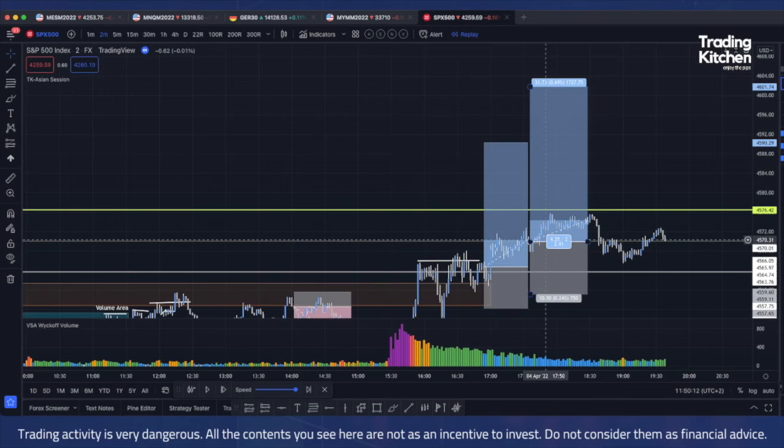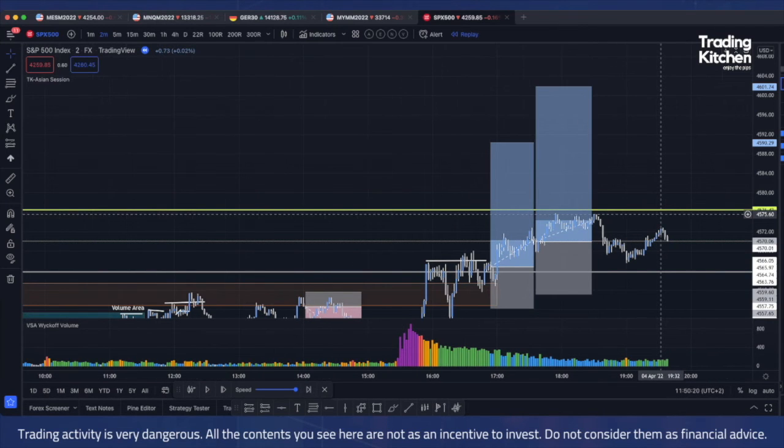So what does it mean? I know that price will probably pump now, but we are after 7 in the evening, 7 p.m. So in this case, I don't care if I lose this.